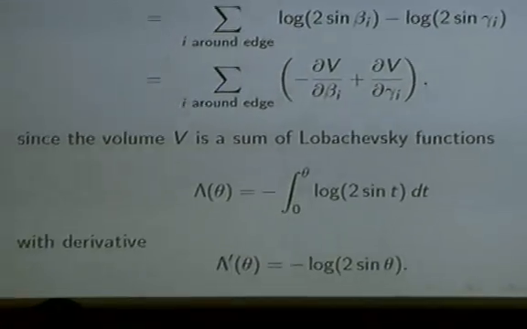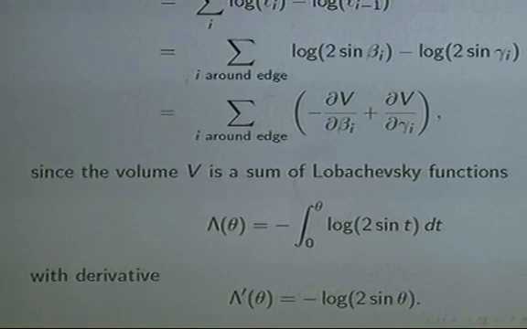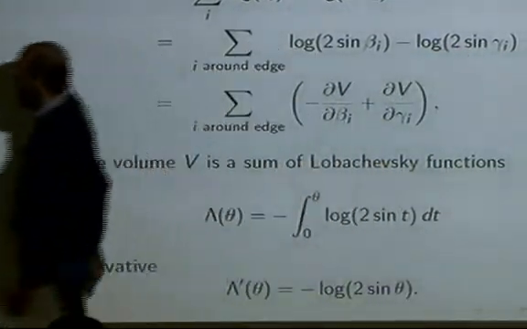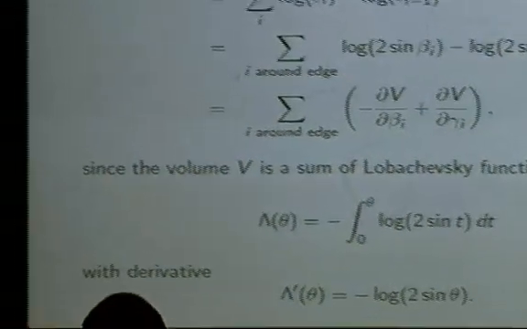Now at this stage, to understand what this is telling us, we need to just remember what the Lobachevsky function was. What did that look like? Let me write it down again. So this was an integral. The thing we're integrating is exactly this function, log of 2 sine of t.